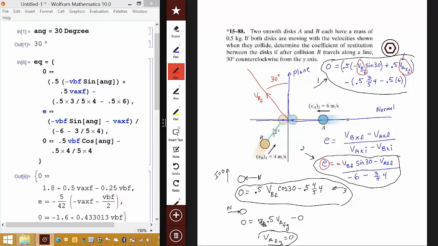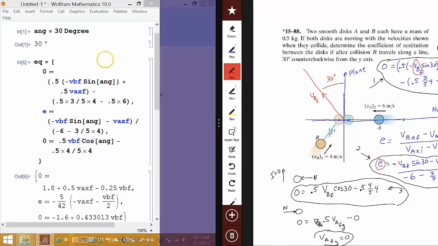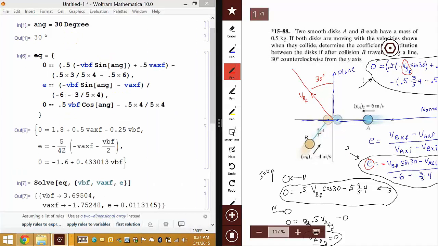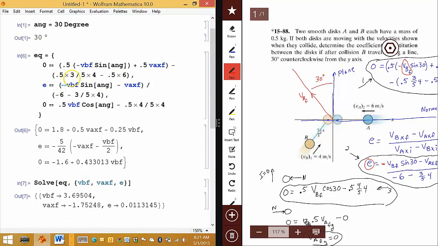The other mistake is over here in the Mathematica. So what I've done is I've changed it. Right here, if you notice, I put the negative in there. The other one was this velocity right here, it's 3/5 times 4.